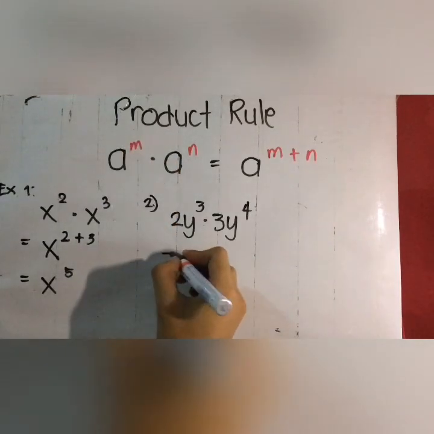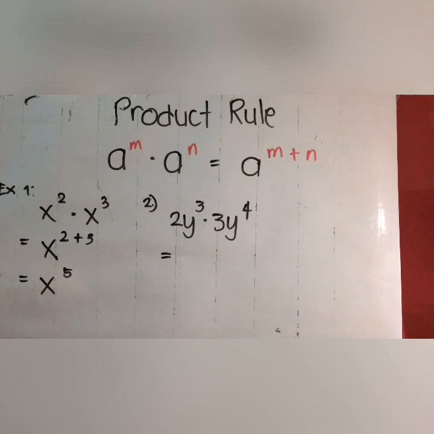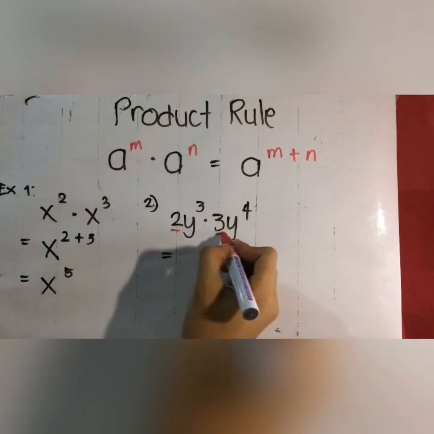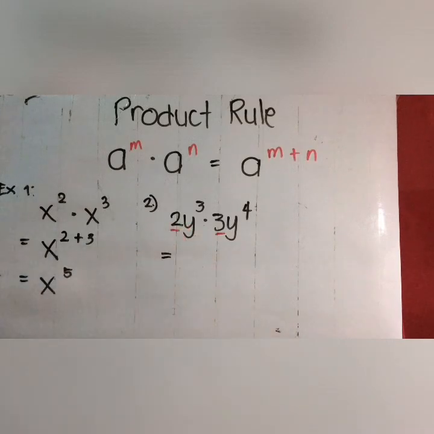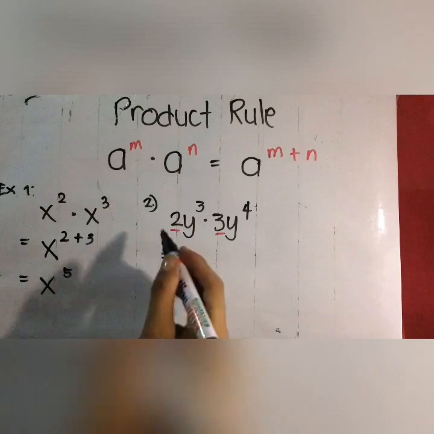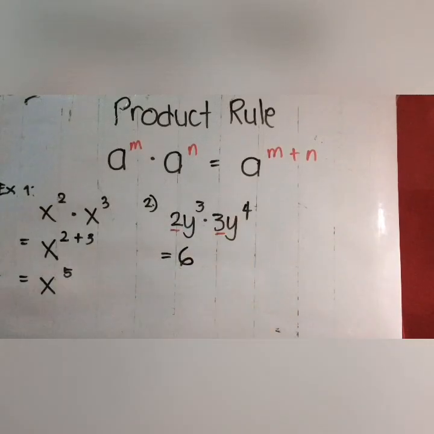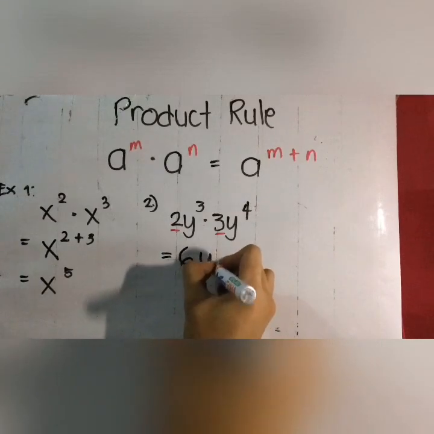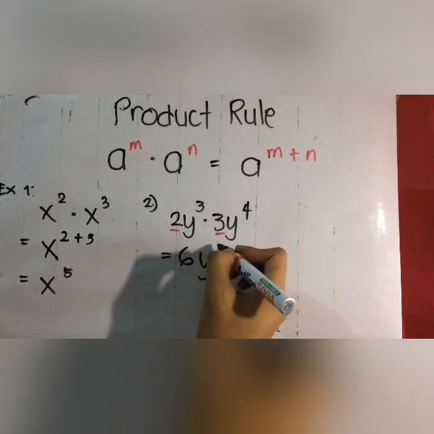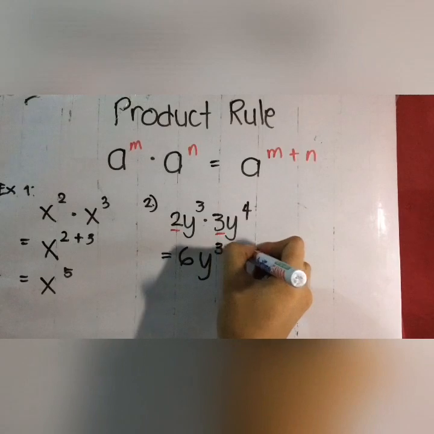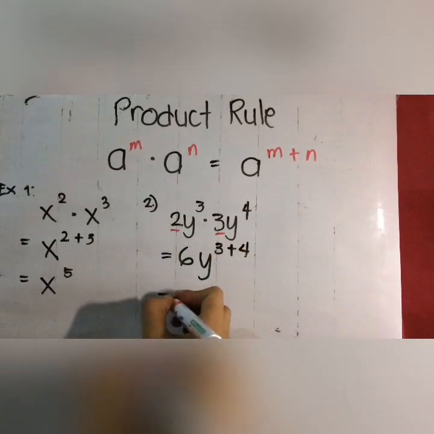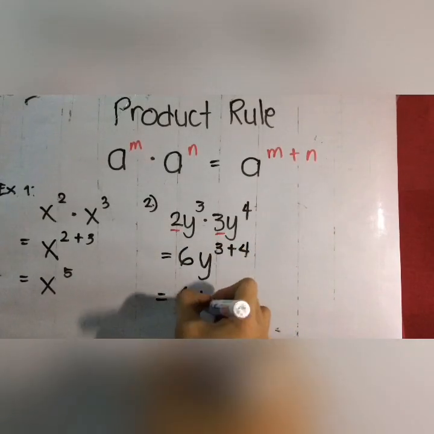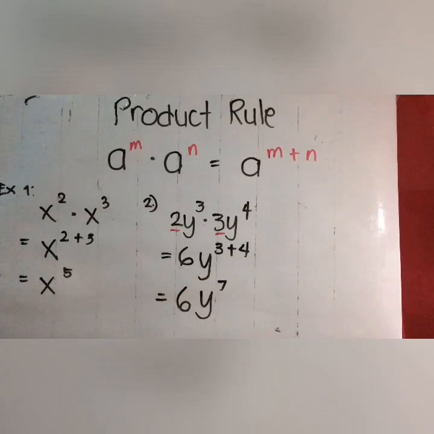But first, since there are coefficients, 2 and 3, we have to first get the product of them. So 2 times 3 makes 6. Then apply the product rule. Copy the base y and add the exponents, 3 plus 4. So that results in 6y to the power of 7.